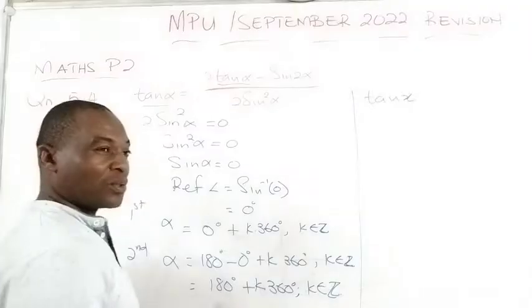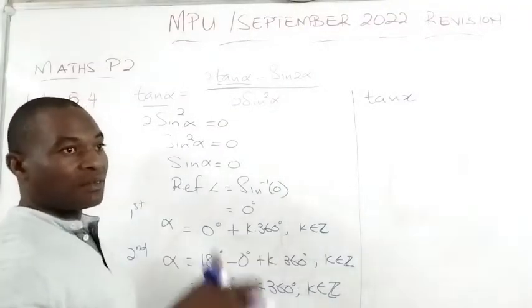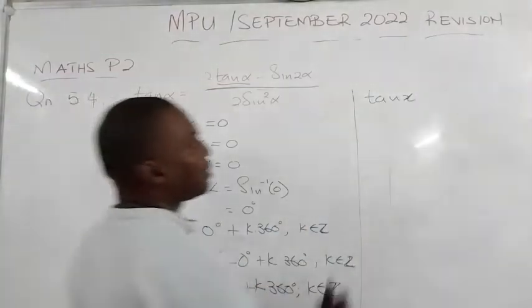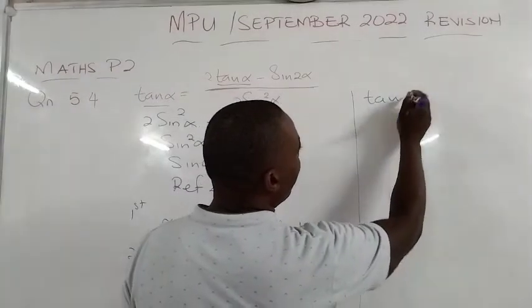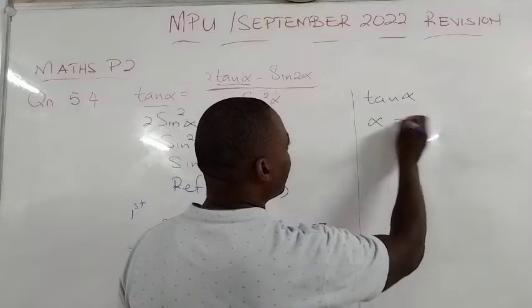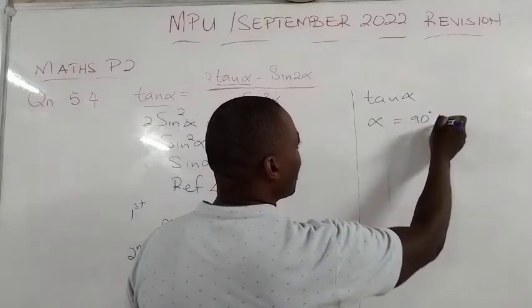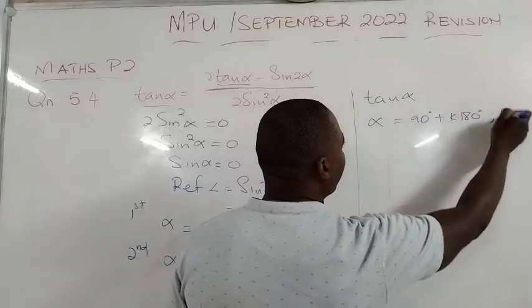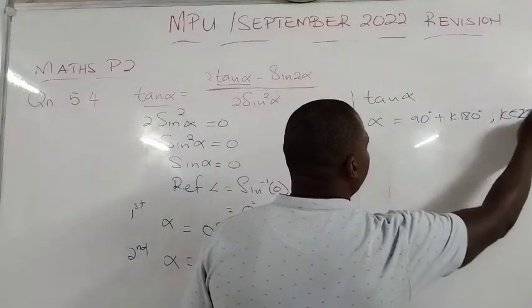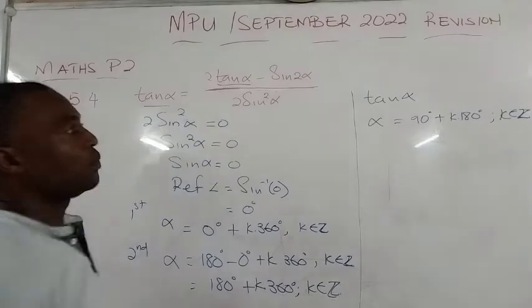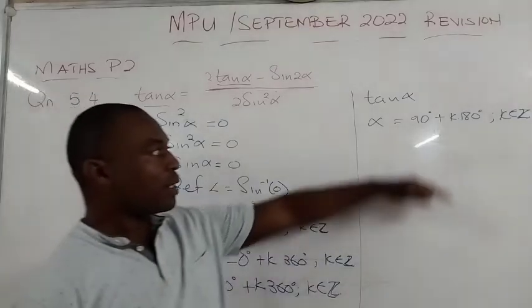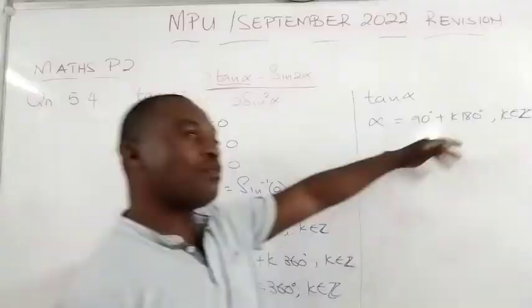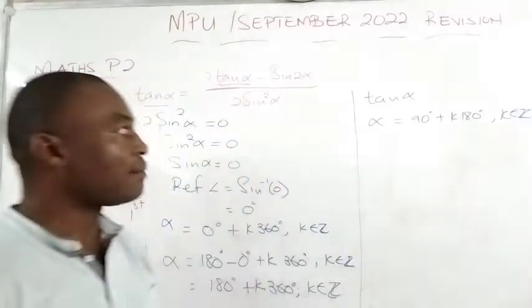We know the asymptotes are at 90, 270, like that. So when alpha is equal to 90 plus k times 180 degrees, where k is an element of integers, this identity will also not be defined. Remember, this is the general solution for the asymptotes of the graph of tan.